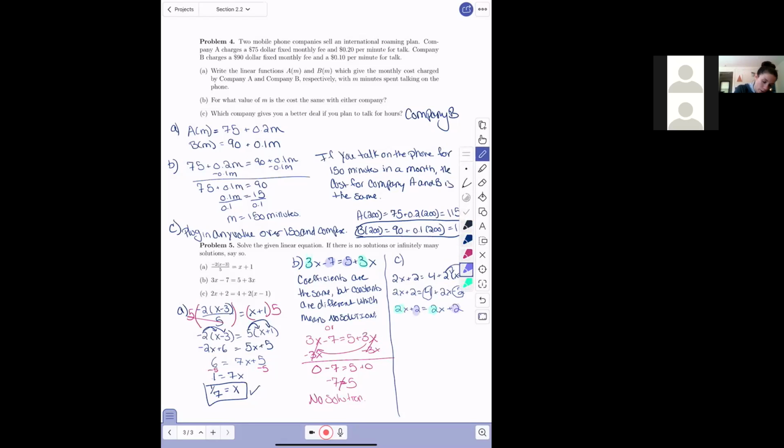So our variable coefficient is the same and our constant is the same. So coefficients and constants match on each side. So we have infinitely many solutions.